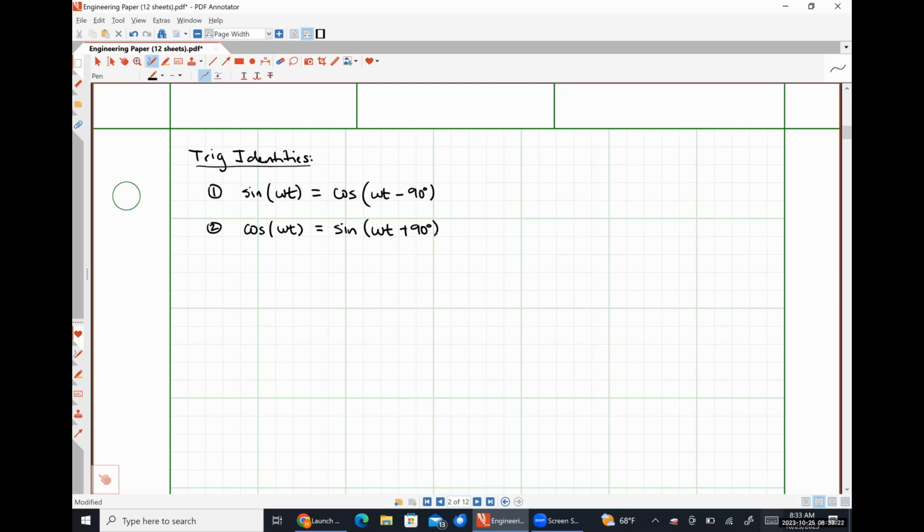Now I'm scared I have this backwards. No, this is right. Okay. Negative sine omega t is equal to sine omega t plus or minus 180 degrees.